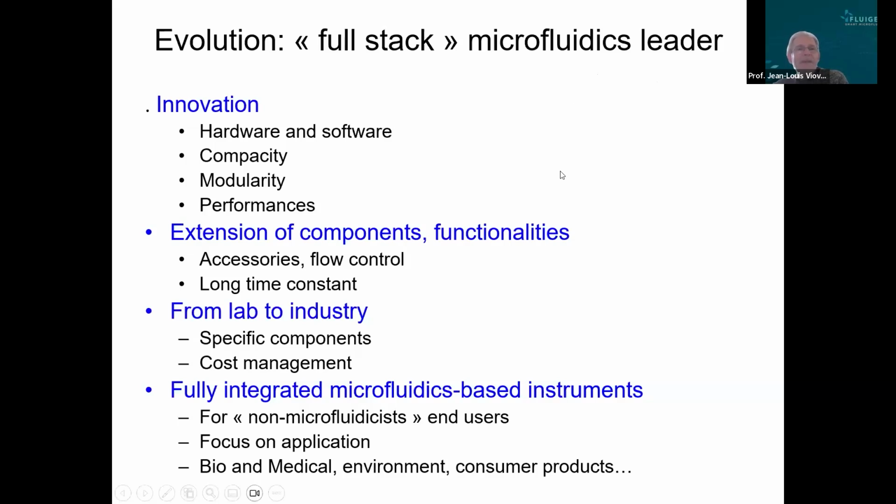And there were many innovations which were made by Fluigent on this basis, and also with contact with customers, Fluigent discovered that there were many additional components that people wanted to have, and the company started to best serve customers.